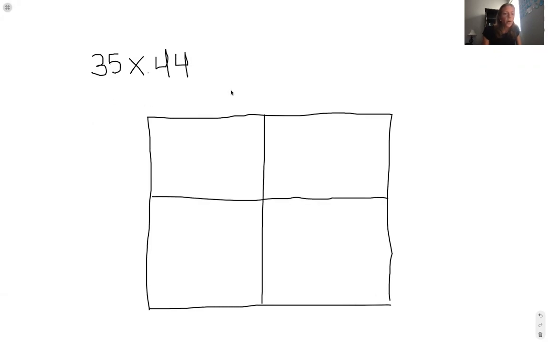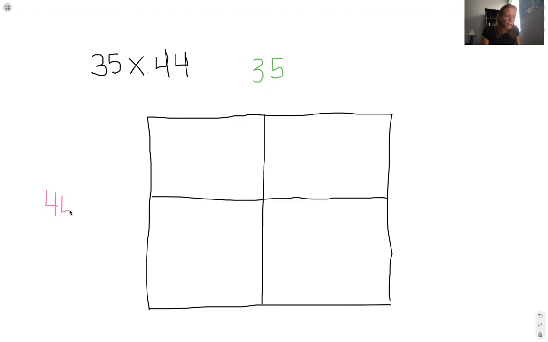Okay, so on the top up here, I'm going to put 35, and I'm going to change these colors so it makes it a little bit easier for you. This is going to be 35 up here. And then on the left side, we're going to put 44.